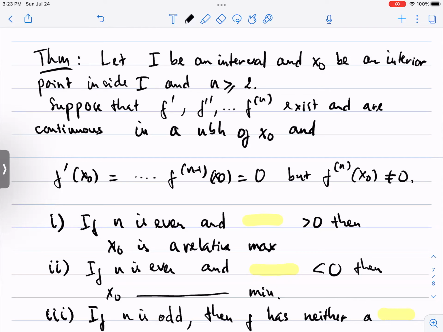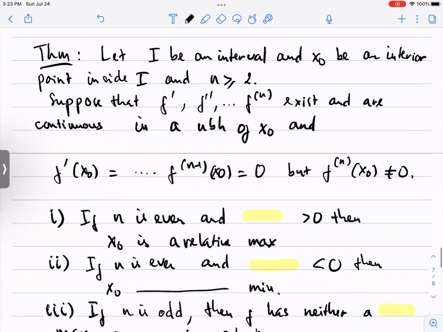And furthermore, the evaluation of all these derivatives from the first derivative to the n minus 1 derivative of the function at this point x0 is equal to 0. But the n-th derivative is not equal to 0.